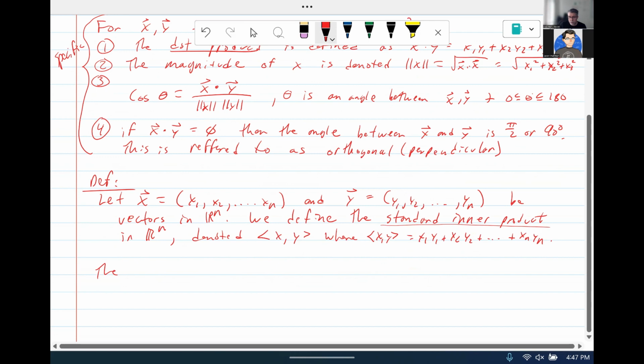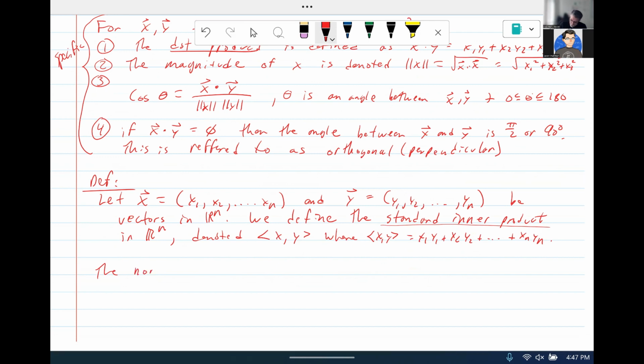The magnitude, we don't call it the magnitude, we call it the norm now. The norm of x is still equal to the square root of the standard inner product of a vector and itself, and this just generalizes to x1 squared plus x2 squared plus dot dot dot plus xn squared.